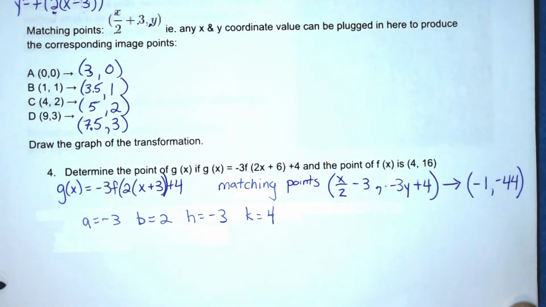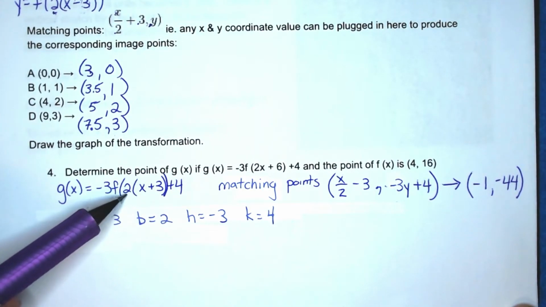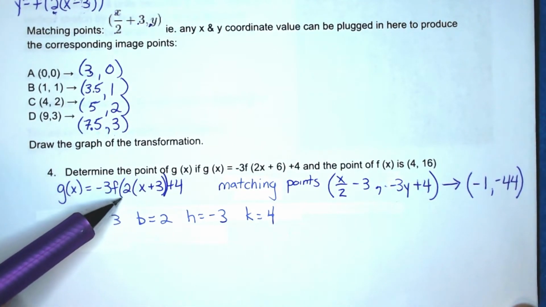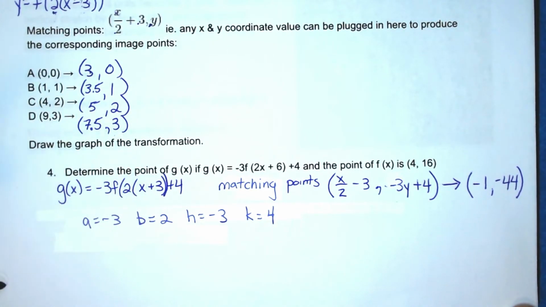Now, another type of problem that you could get is to determine the point of g of x if g of x equals -3f, brackets 2x plus 6 plus 4, and the point of f of x is 4, 16. So just like in the example above, you want to take that factor of 2 out from the brackets so that we can clearly see the value of b and clearly see the value of h for our charting.